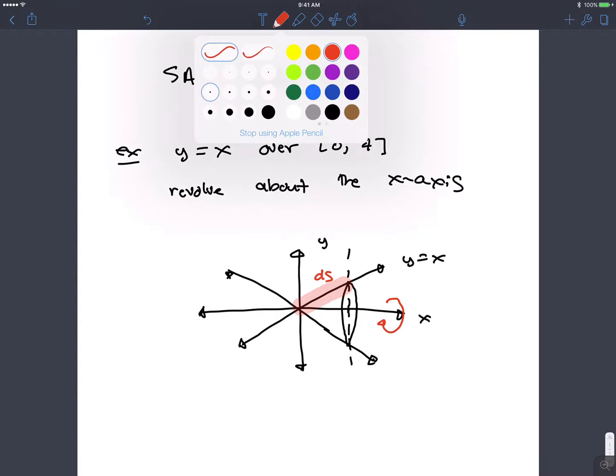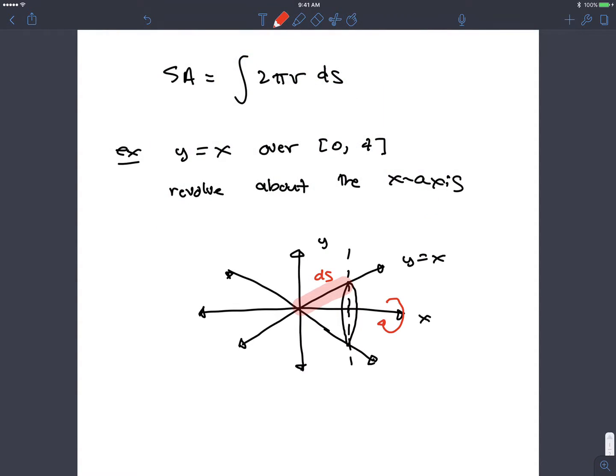So we're going to have to figure out what to use for ds. In our formula, we need that distance, but we're also going to need the radius. So let me draw you a picture again from last time. We're going to get this little portion ds here.